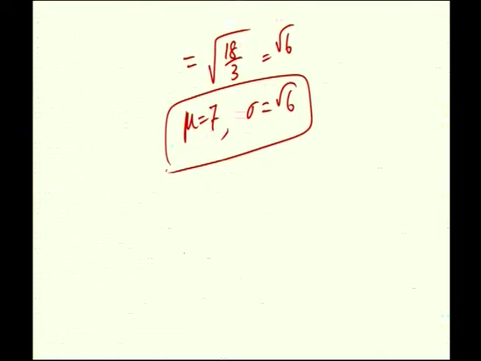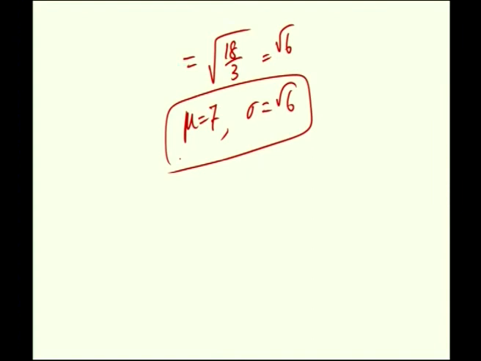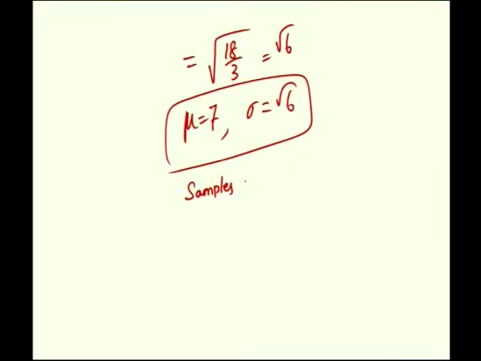Next, you are asked to find the sampling distribution for the sample mean x bar. So, the sampling distribution for the sample mean will be given in a tabular column. First of all, the x bar values are written. For the sampling distribution, samples of size 2 are taken with replacement.